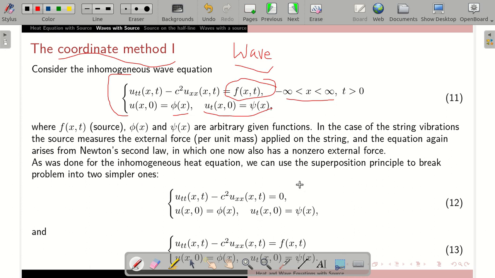So the idea is the same as in the heat equation. You solve the equation with zero right hand side, that is the homogeneous one. Then you solve the non-homogeneous and find one particular solution. So solve 12 in general and find one particular solution of 13.